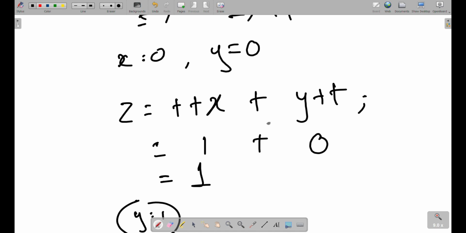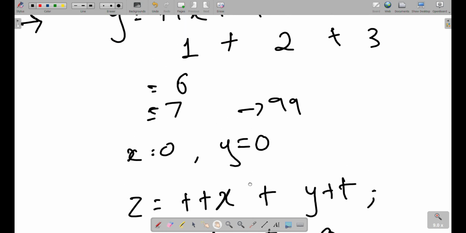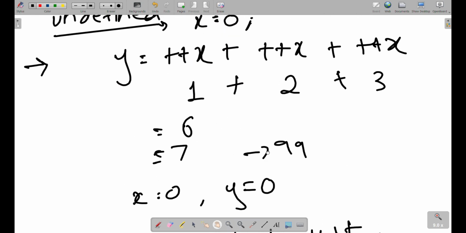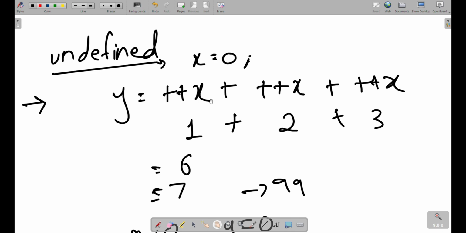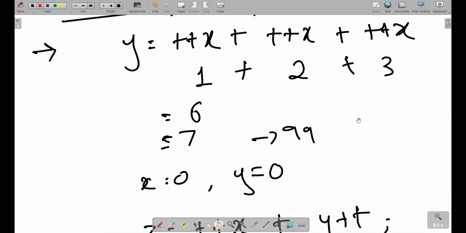Using different variables in one single expression with the unary operations is fine. You can get a defined behavior, but using unary operators in a single expression with the same variable, you might get undefined behavior.